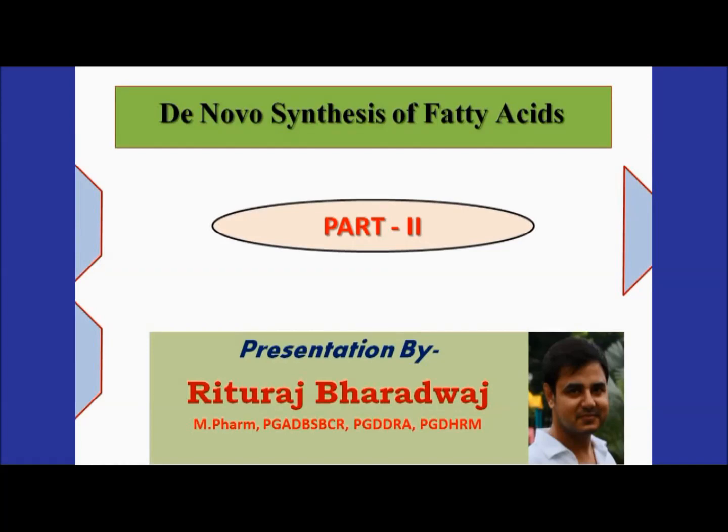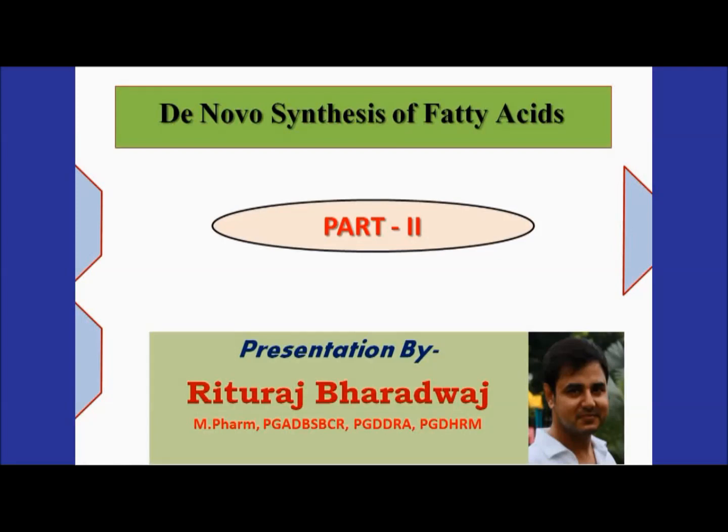Hello everyone. So we are going to start part 2 of the presentation on de novo synthesis of fatty acids. After completion of part 1, you have come to know how malonyl coenzyme A is produced from acetyl coenzyme A, and its utilization in de novo fatty acid synthesis.